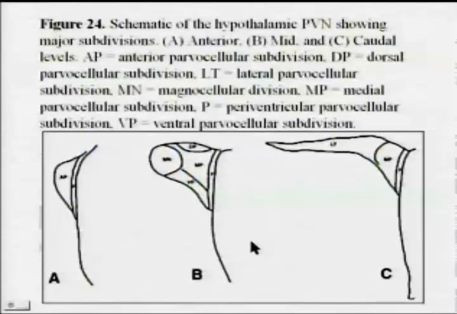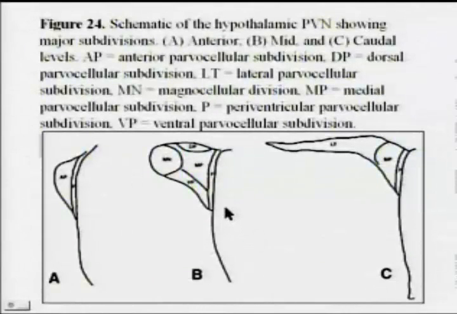So I focus on this one first to make the point again about the parvocellular and magnocellular components. The parvocellular controlling the anterior hypothalamus, the anterior pituitary, and the magnocellular neurons controlling, obviously, or releasing their hormones at the posterior pituitary.